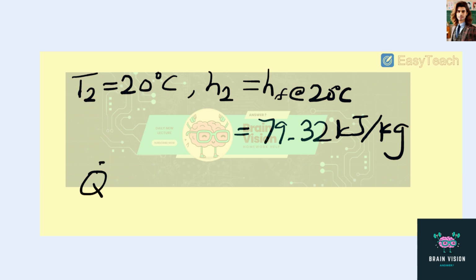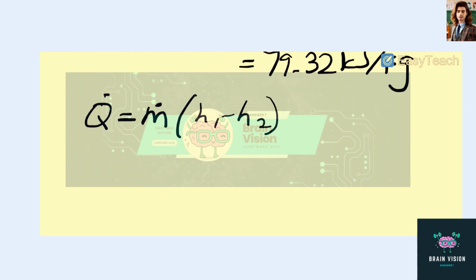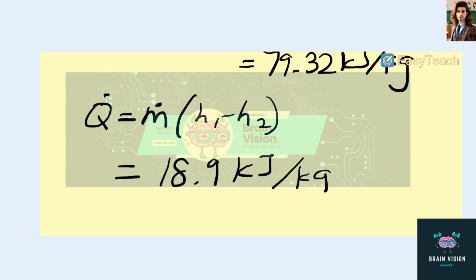We plug into our equation for Q out: m dot (h1 minus h2). Remember, our h1 is still the same as in the 34 degree case. After plugging that in, we get a Q out equal to 18.9 kilojoules per minute. And that is our final answer.